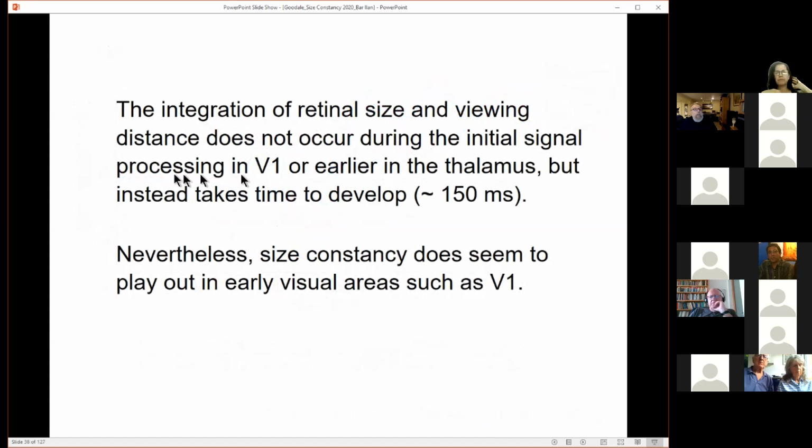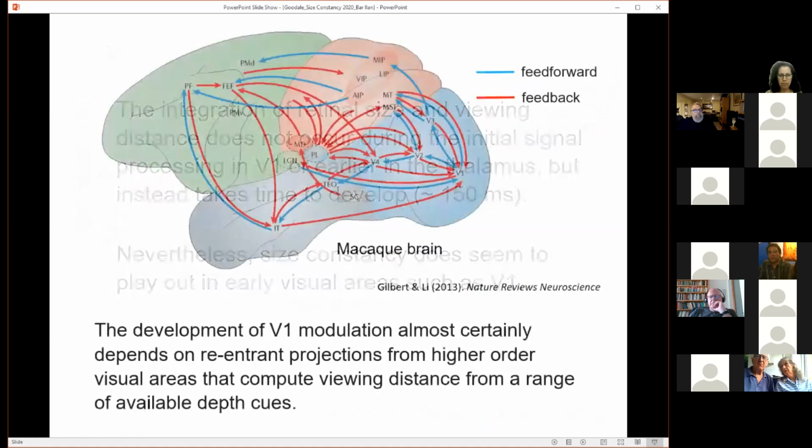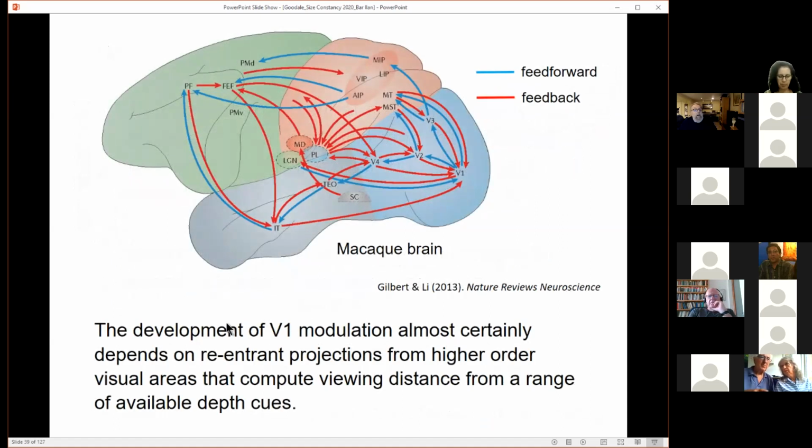So it doesn't occur right away. It takes time to develop, about 150 milliseconds, but it does seem that size constancy plays out in these early visual areas such as V1. And as I suggested, this is probably dependent on a lot of recurrent feedback from higher order areas, particularly with respect to the pictorial cues, which clearly require some computation.